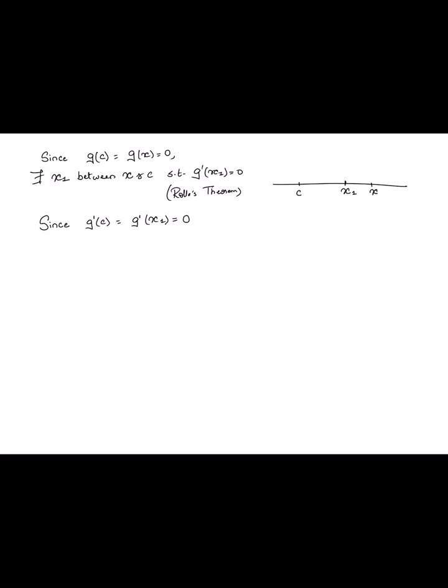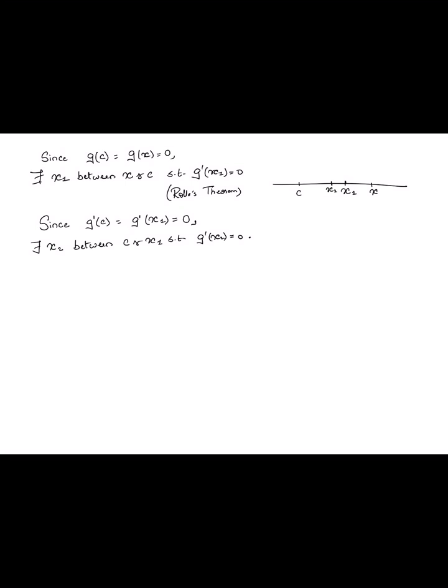Now since I have this, by another application of Rolle's theorem, I would conclude that there exists an x2 between c and x1 such that g double prime x2 is equal to 0. So maybe this is x2.